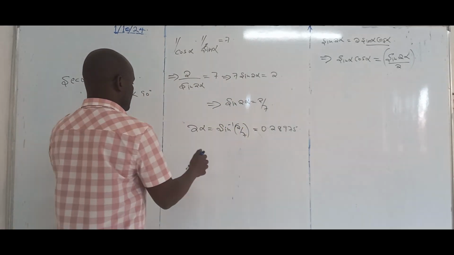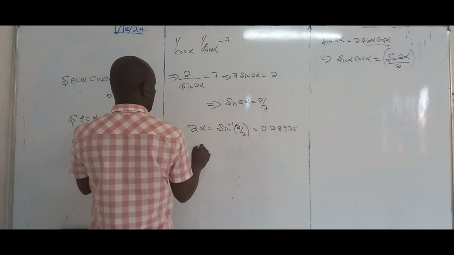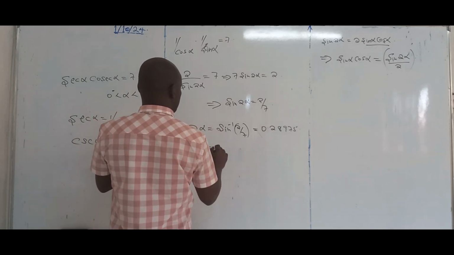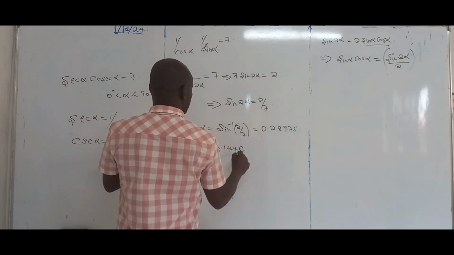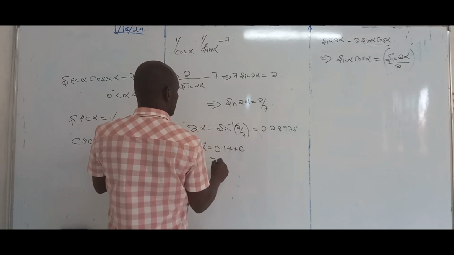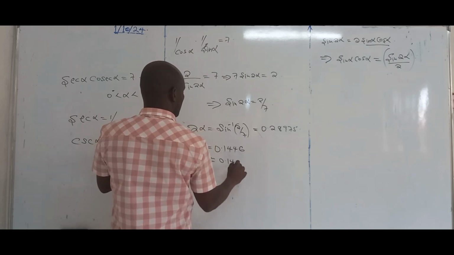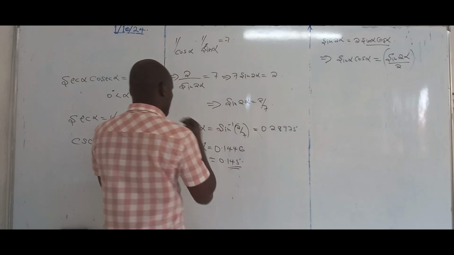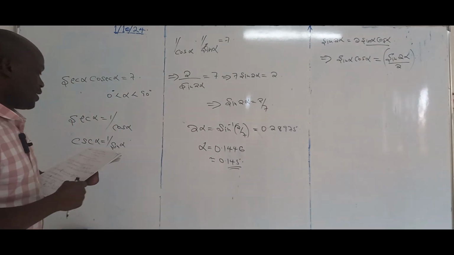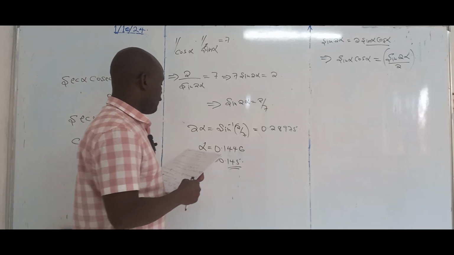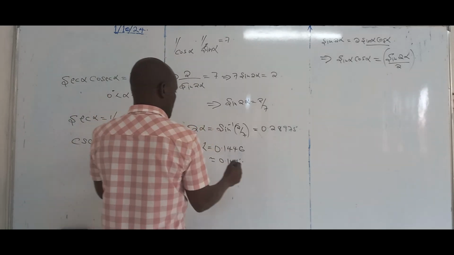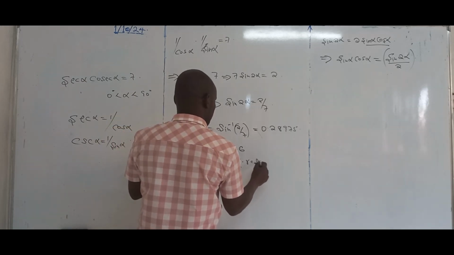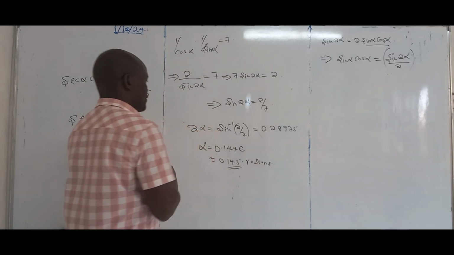So 2 alpha is this, and alpha will be half of this, which is 0.1446. So I would say that's around 0.145. So alpha is 0.145 radians.